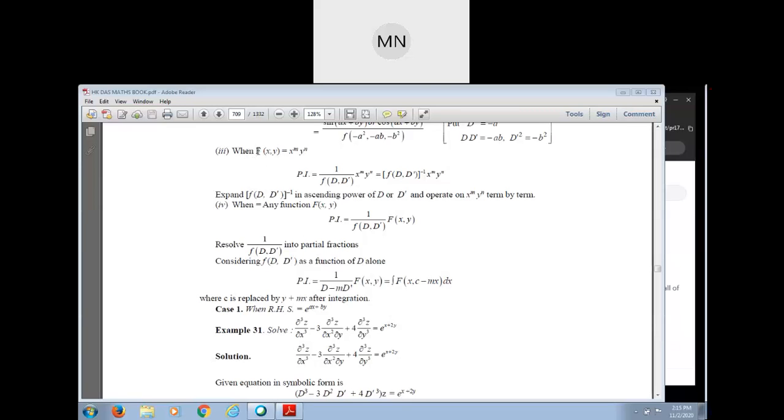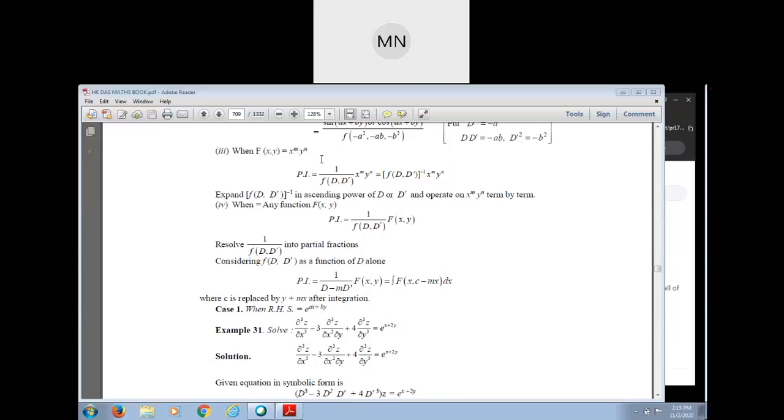When f of x, y is e to the power ax plus by, the method is different, and when f of x, y is sine of ax plus by, it is different again. Today I am going to tell about when f of x, y is x power m y power n, and how we can find the particular integral for that type of non-homogeneous equation.